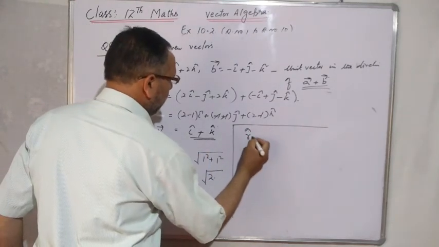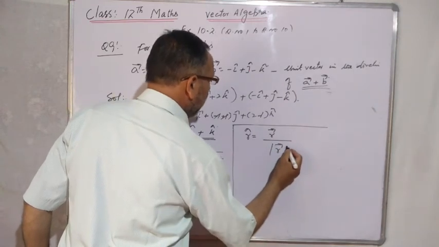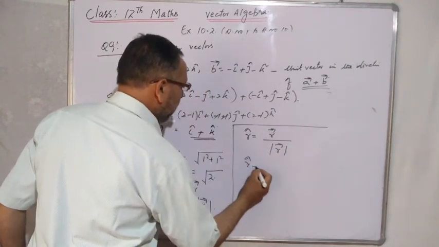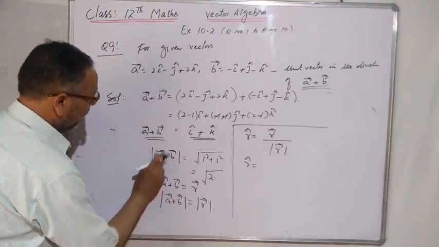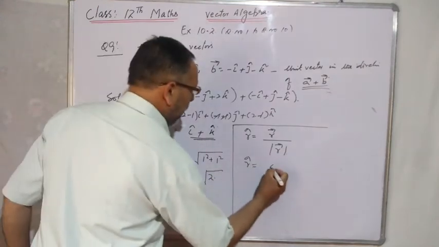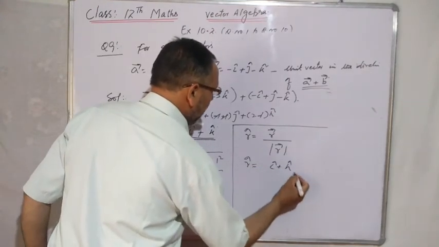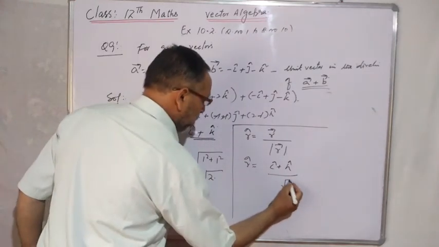So therefore, R cap is equal to R vector divided by magnitude of R vector. R vector is A vector plus B vector, which is i cap plus k cap, over magnitude of R vector, that is root 2.